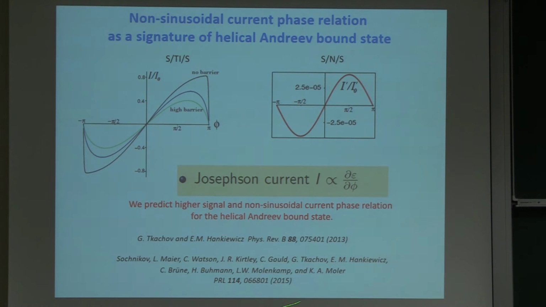And this was also measured in a not so recent experiment, two years old, by the Stanford group, which shows that indeed this kind of non-sinusoidal current phase relation can be measured. The non-sinusoidal current phase relation indeed comes from the multi-scattering of this first mode, which is related to the superconducting Klein tunneling, and this can be measured.